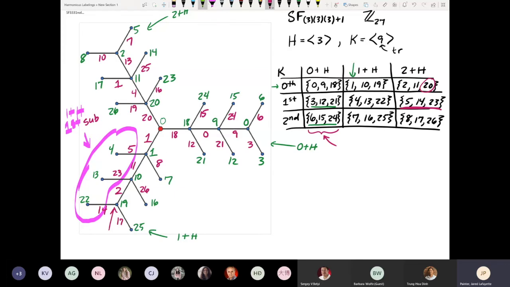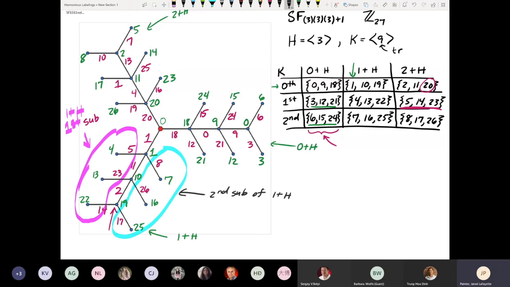Similarly, if I look over here on this side, you notice that outside branch, that's the second subcoset of 1 plus h.